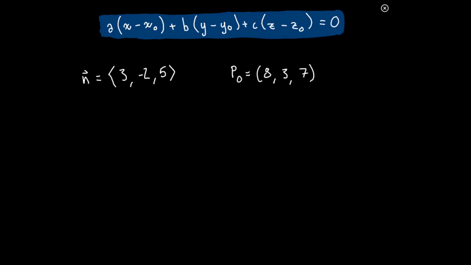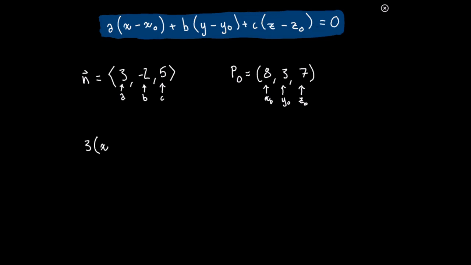All right, so let's fill out this equation then. So this is our A value right here, this is our B value right here, this is our C value right here. This is our x naught value, our y naught value, and our z naught value right here. Okay, all that should be pretty clear, but let's go ahead and fill out this equation.